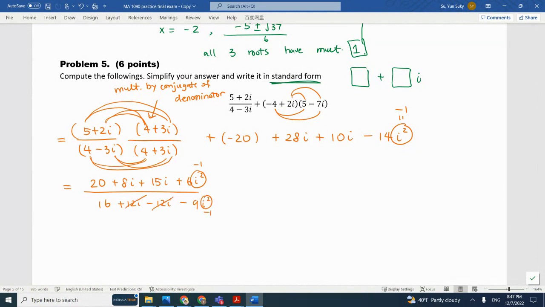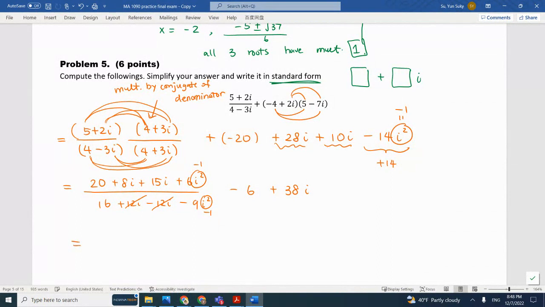Do you see the 12i and negative 12i cancel? And how about here? Negative 14 times negative 1 is actually positive 14. And when we combine with the negative 20, we get negative 6. And then 28 plus 10 is 38i.